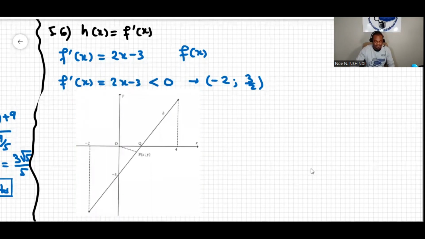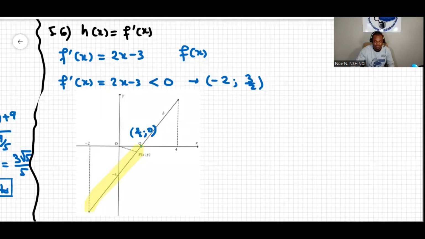We found previously that q, the x-intercept, was given by 3 over 2, 0. So f prime of x is negative in this interval, and because of that we can say it has a local minimum at x equal to 3 over 2.